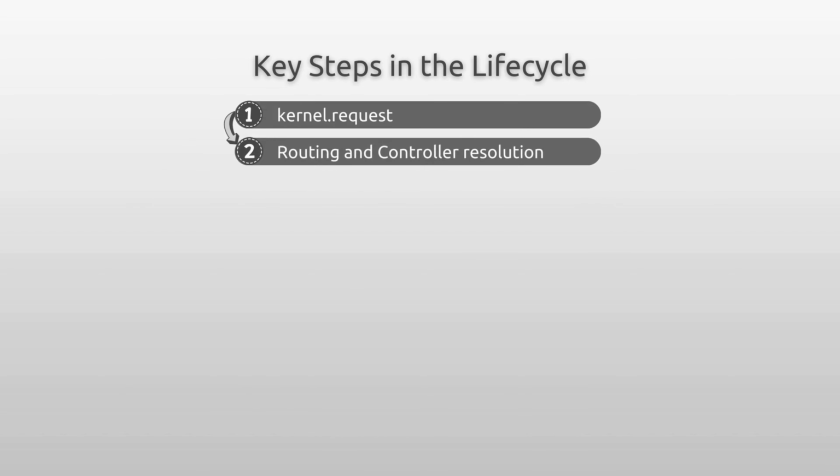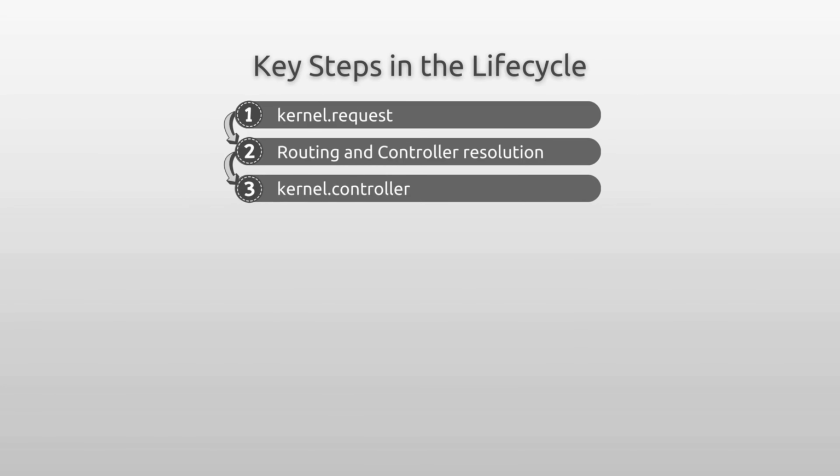Second, routing and controller resolution. After the kernel request event, Symfony resolves the route and identifies the controller to handle the request. Third, kernel controller. This event is triggered before the controller is executed. Listeners can modify the chosen controller or add preprocessing logic.